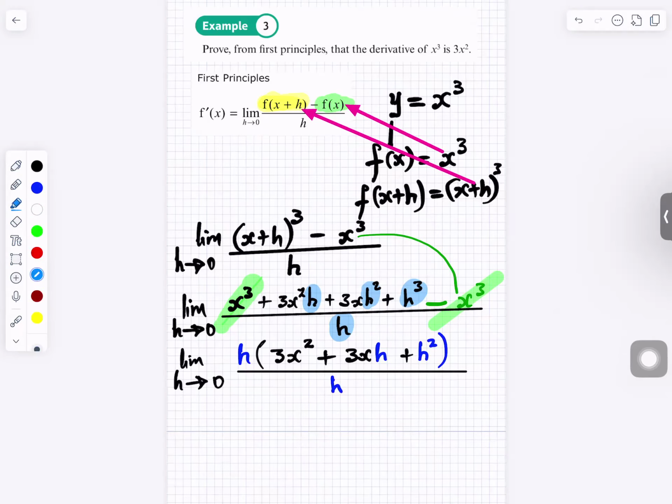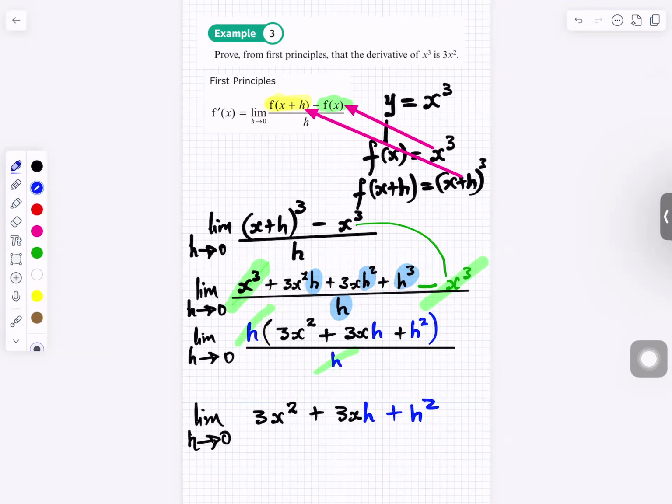Now, what we can do now is cross out the h. This at the top cancels with the one at the bottom. So we're left with the limit as h tends to 0 of 3x squared plus 3x h plus h squared.